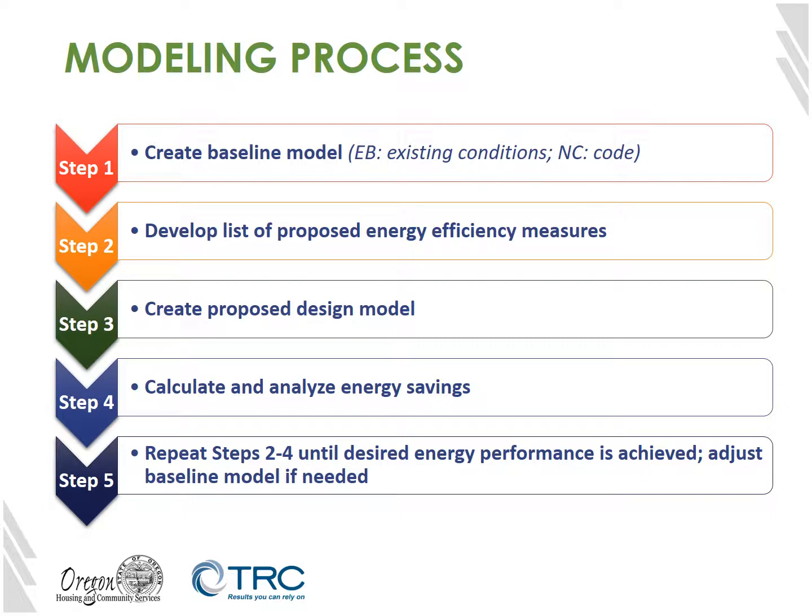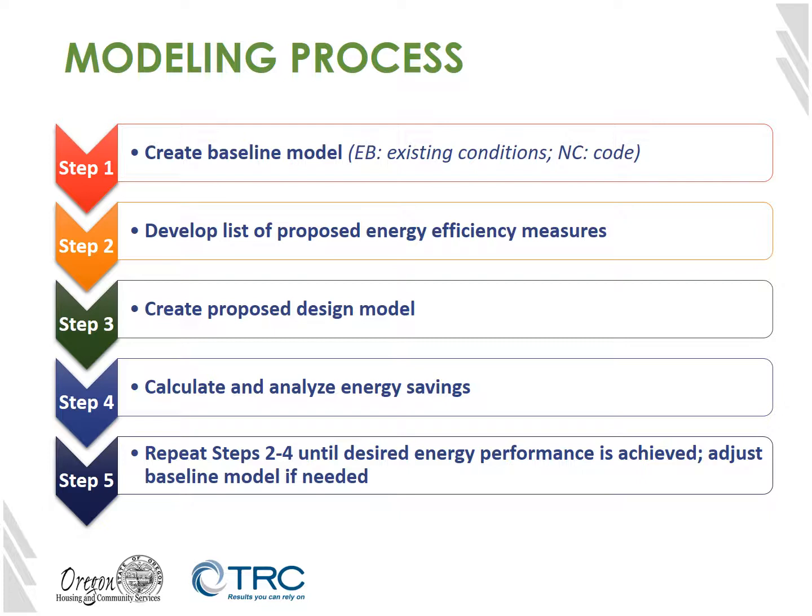Next, in Step 2, working with your project team, you would develop a list of proposed energy efficiency measures that might include envelope measures like roof insulation and windows, to heating systems, lighting, appliances, and DHW systems. Next, in Step 3, once you have the list of measures decided, you would model those in the proposed design model.